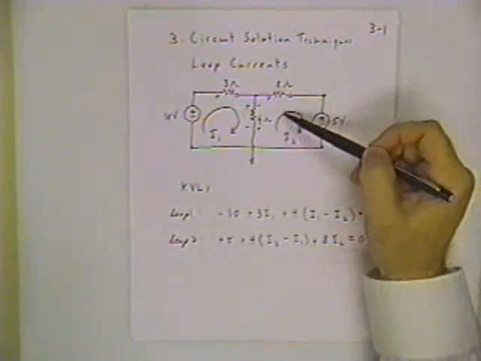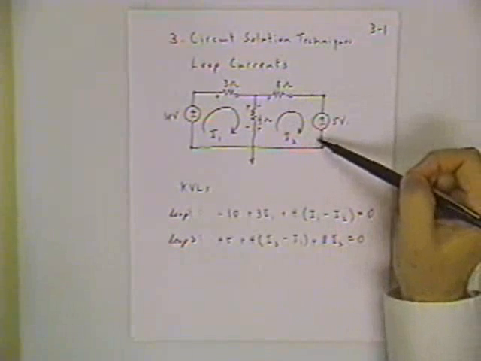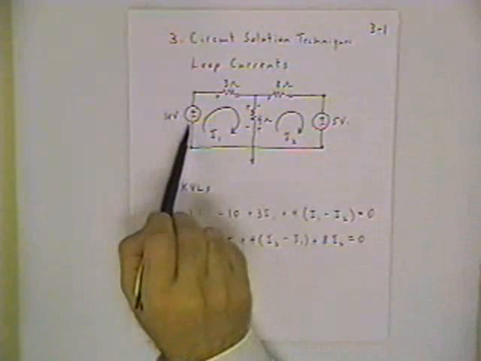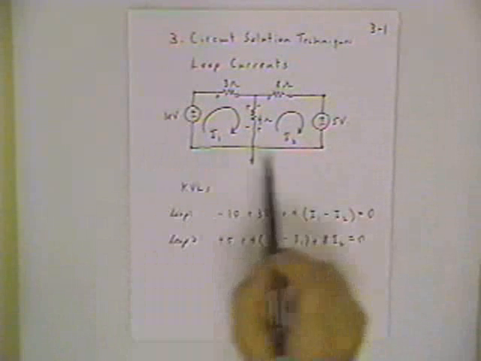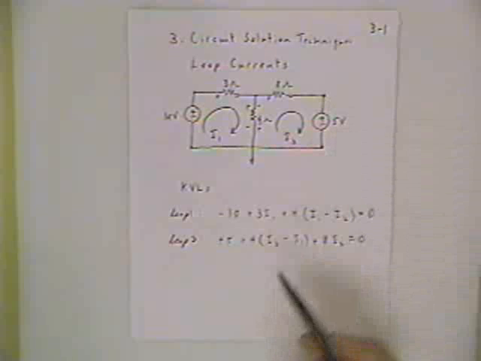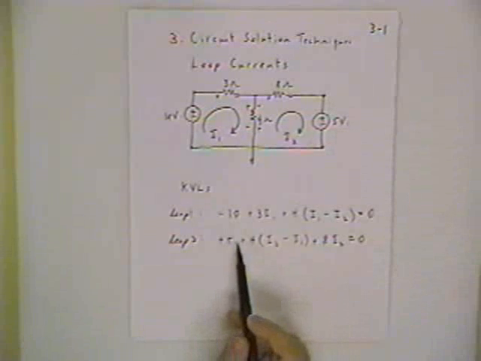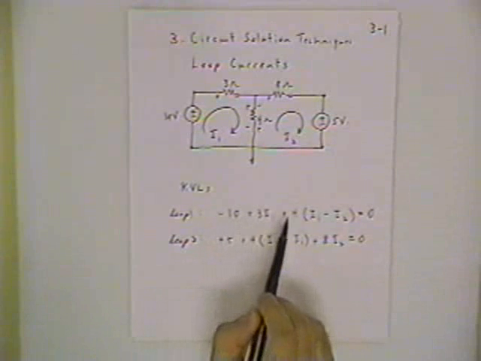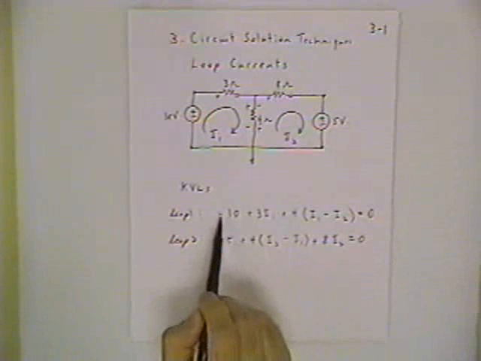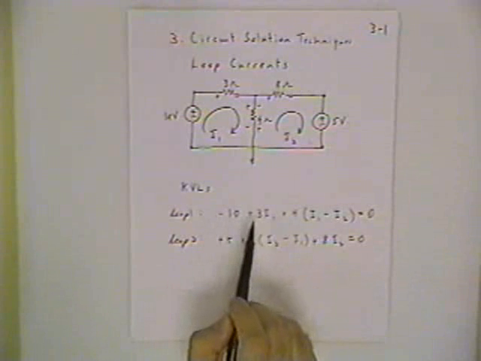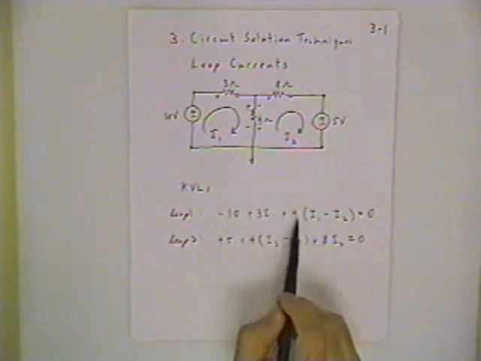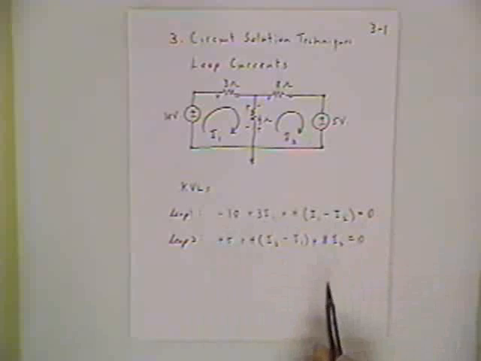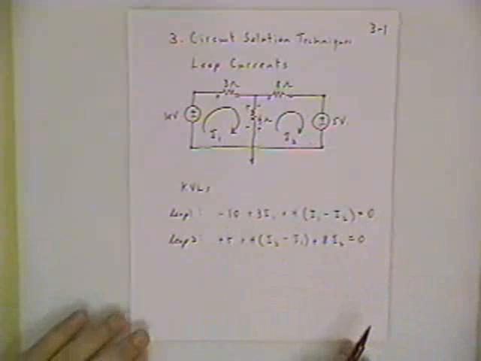I just happen to have this loop current going through in the opposite direction. And so in these 2 equations, you notice the loop current is going negative to positive through this voltage source, positive to negative through this voltage source. If you prefer writing the equations the other way, then each of these terms would be multiplied by minus 1. So this would be a positive 10 minus 3I1 minus 4 times I1 minus I2 equals 0. It's exactly the same equation, just multiply through by minus 1.